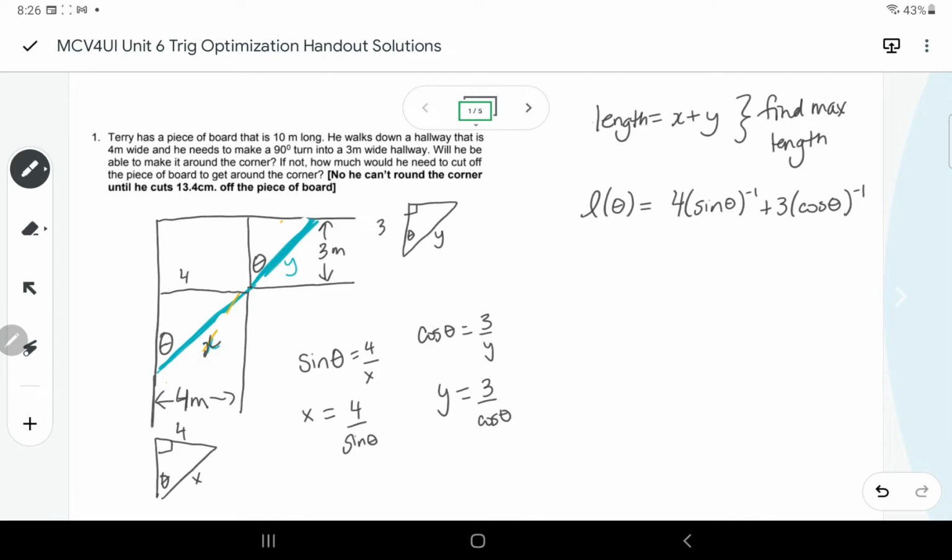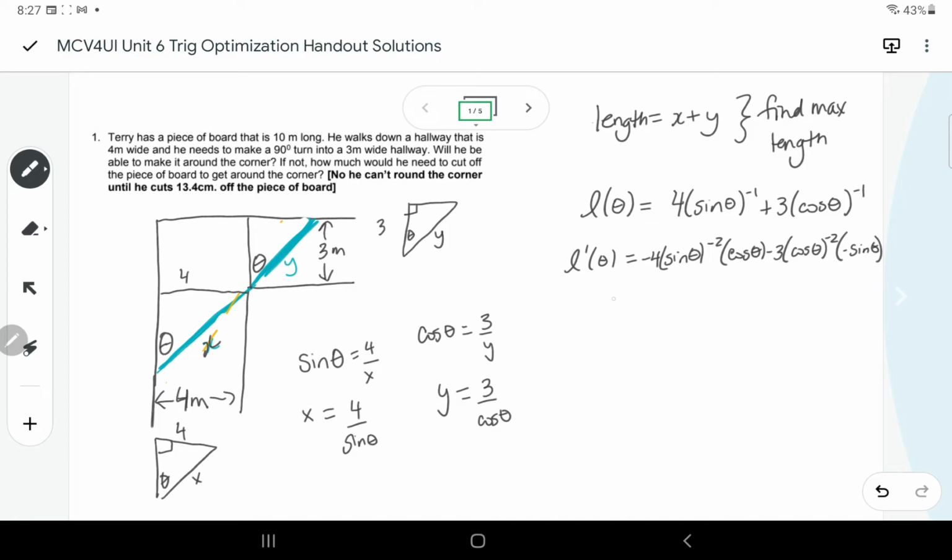Now, when I take the derivative here, I'm going to get -4 sine theta to the -2 times the derivative of sine, which is cos theta. Then I'll have -3 cos theta to the -2 times the derivative of cos theta, which is negative sine theta, using the chain rule there.